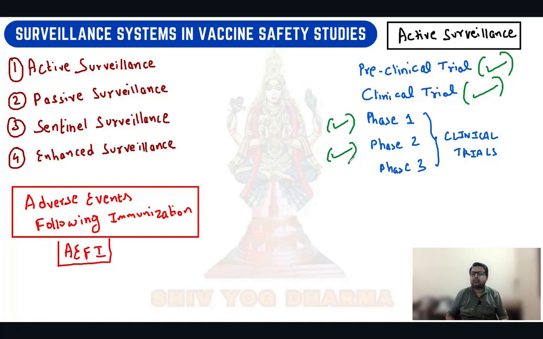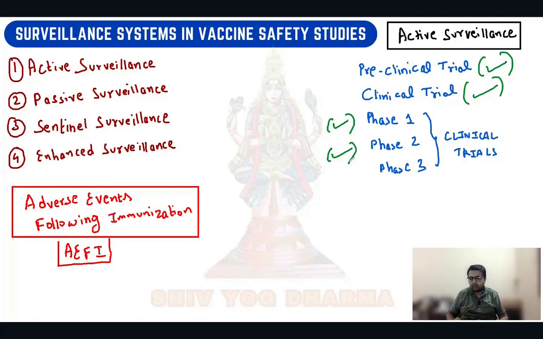After a successful phase 2 trial, we can go for massive vaccination. And after vaccination, we do a long-term study, because it is also seen that, strangely, once the vaccine is administered, it might show some long-term side effects. So a long-term vaccine safety study is compulsory.